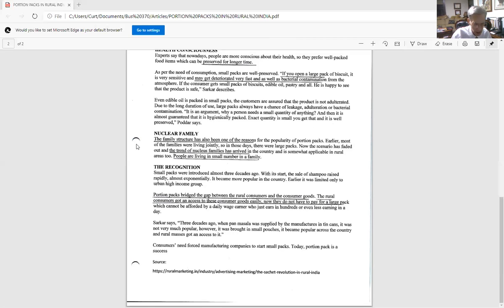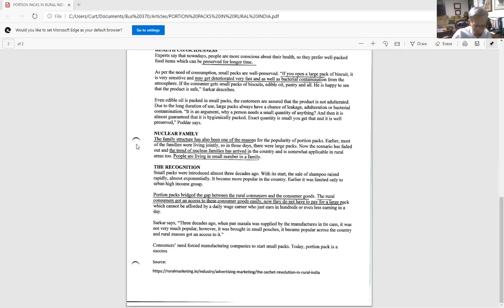But today, as India improves and develops, and the family sizes are getting smaller, this is no longer the case. In the old days, buying a little larger quantity, it would take more than one family member to do it, made more sense. But today, these packets are more appropriate for smaller families.